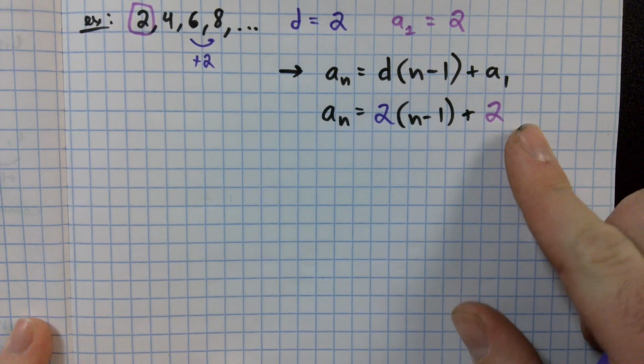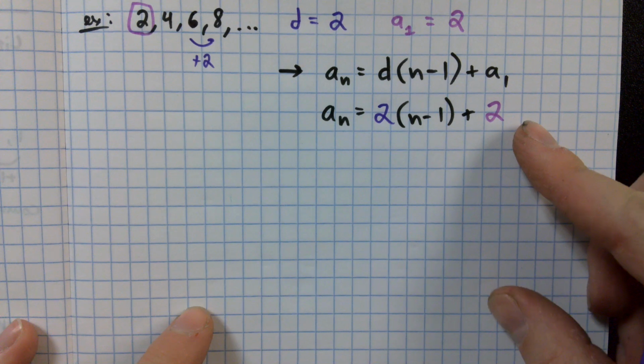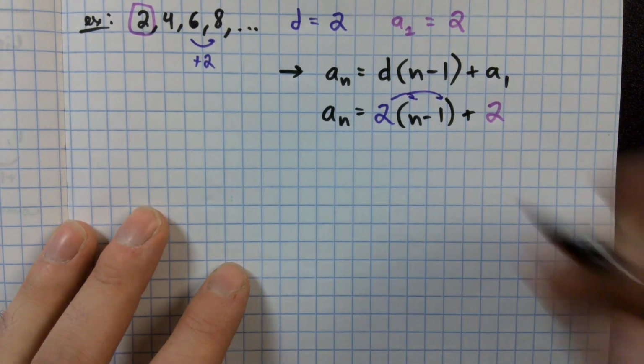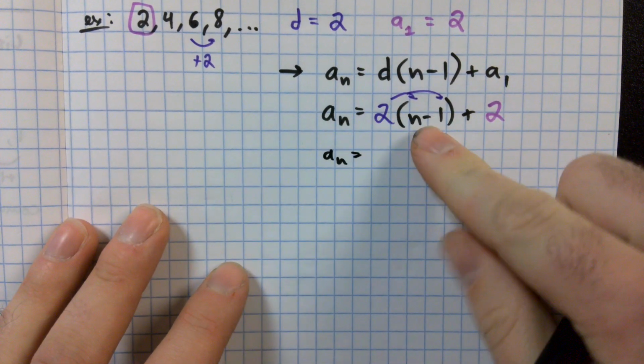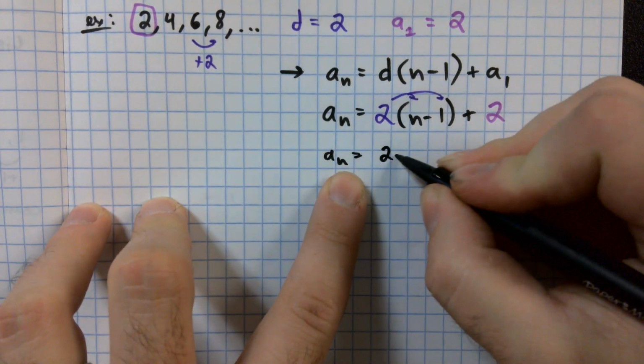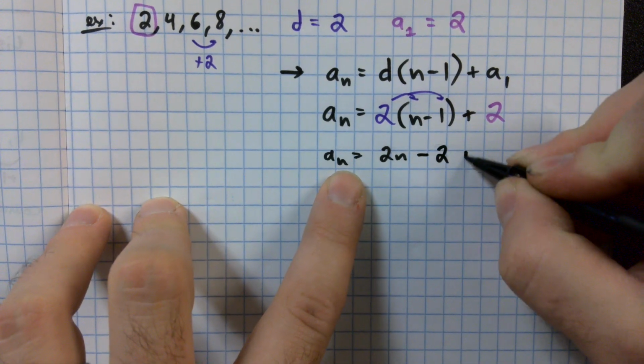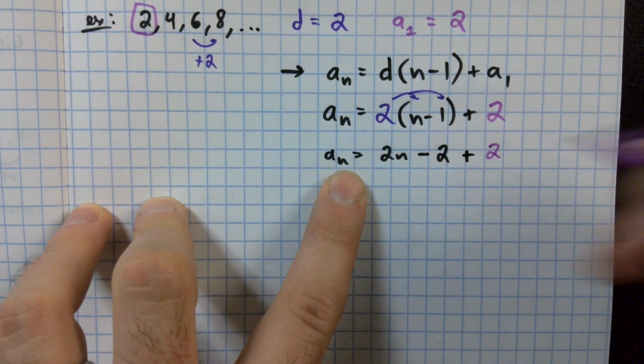How could I simplify this equation a little bit, make it nice and neat? Alex, what can I do? You can distribute the 2 to n and negative 1. Okay. What's 2 times n? 2n. And what's 2 times negative 1? Negative 2. Plus my a sub 1, which is 2.